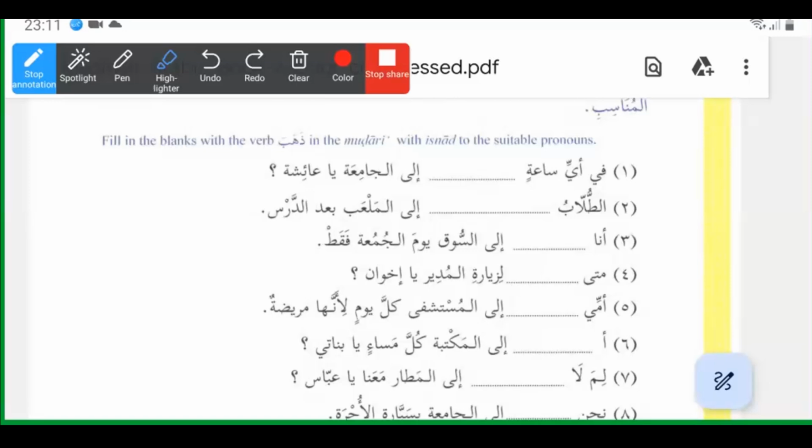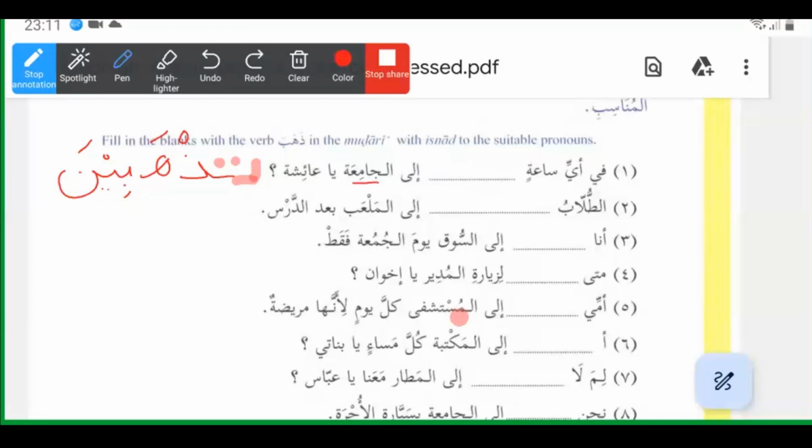So here we will write: في أي ساعة تذهبين. تذهبين is the action which Aisha is doing because she is going to the Jamia.